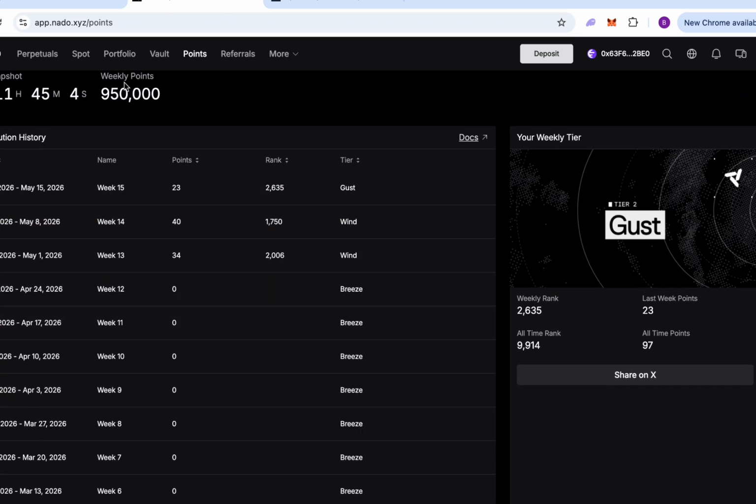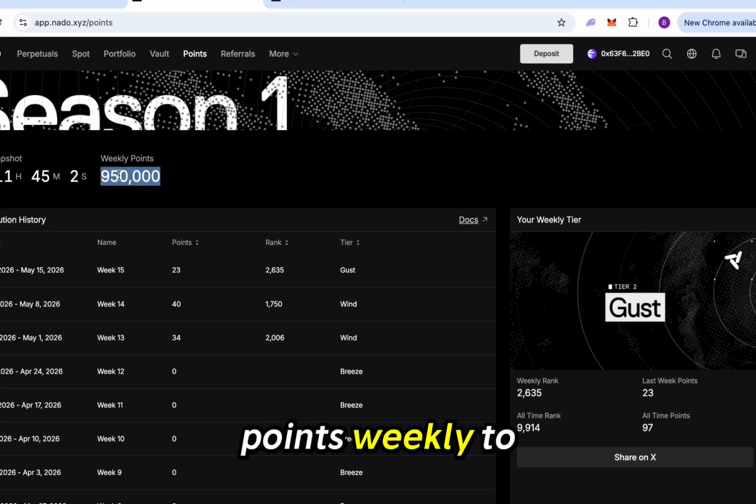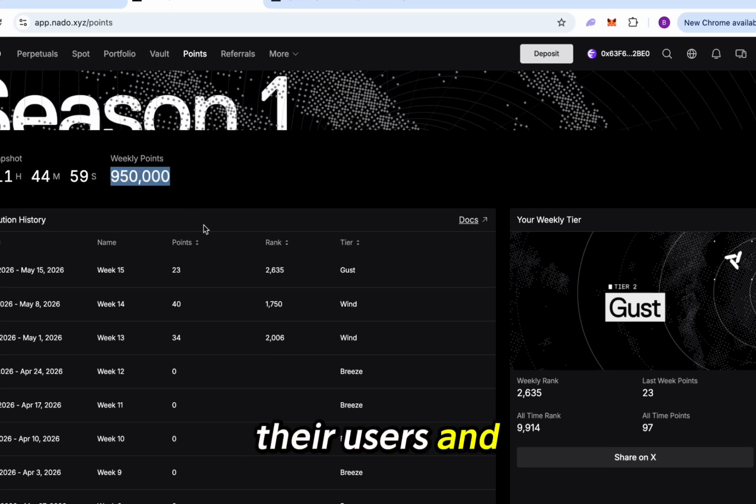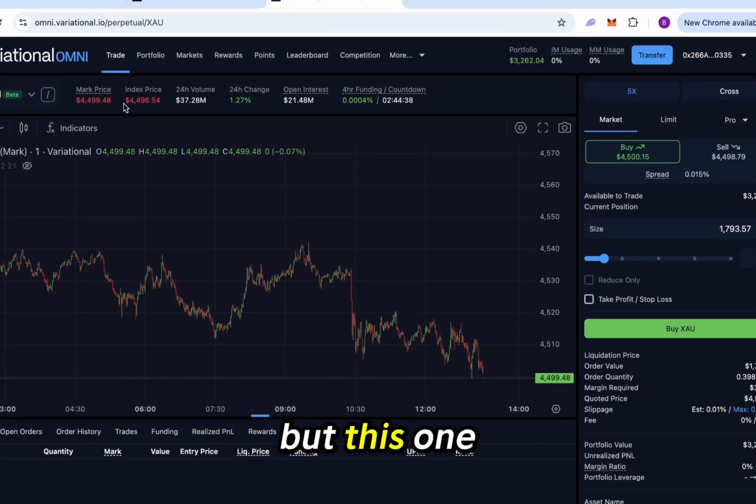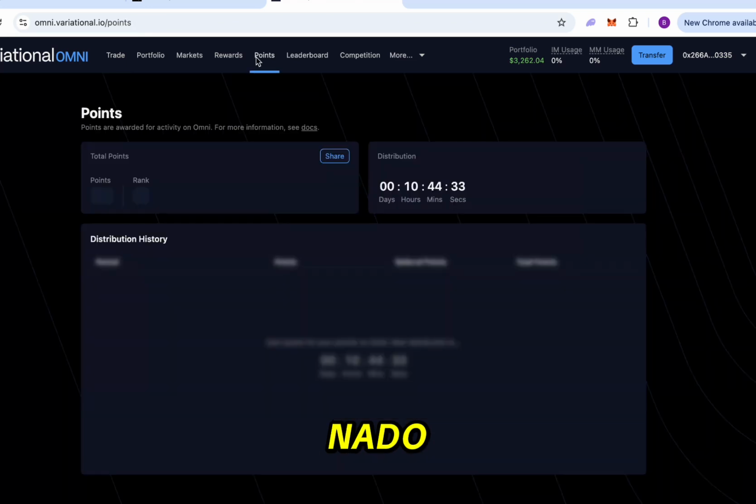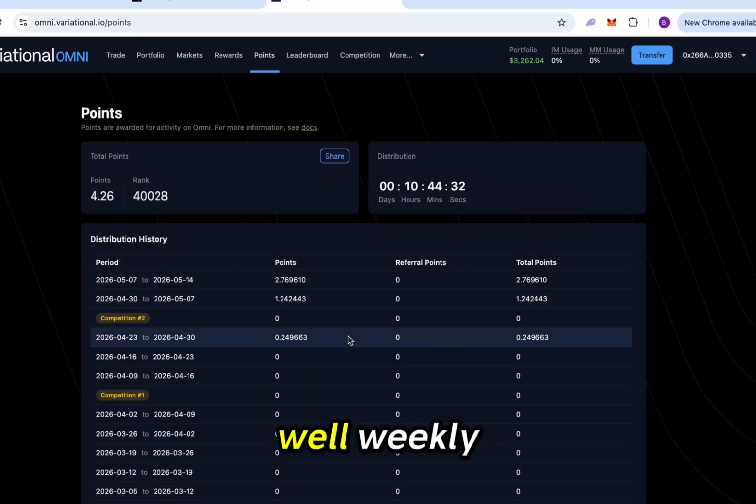Anyways, they give out points weekly to their users, and in some time they will convert those points into tokens, and you will be able to claim those tokens and sell them at a certain price. So that's NATO. NATO is expected to be quite a large airdrop, but this one is most likely going to be even better than NATO, and they give out points weekly as well.